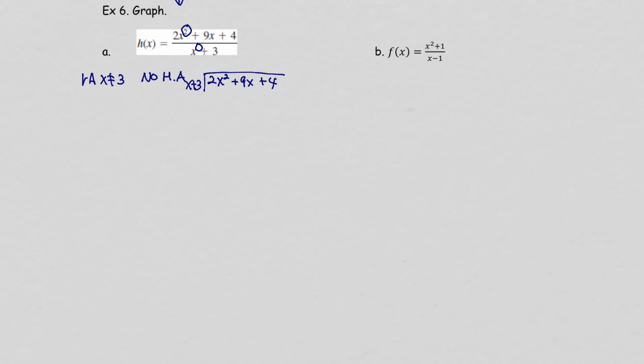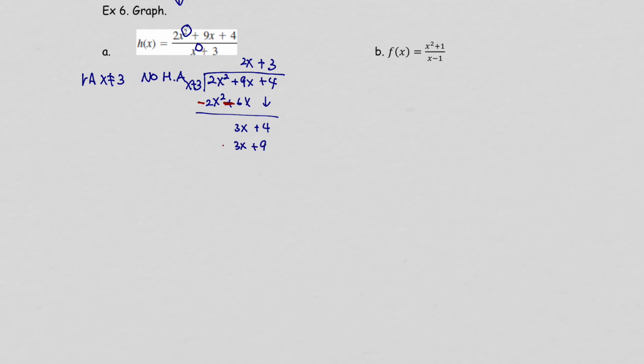And that gives you 2x times x plus 3 is 2x squared plus 6x. When you subtract, the signs change. So you get positive 3x, bring down the next, which is plus 4. For x to become 3x, you multiply by 3. 3 times x plus 3 is 3x plus 9.